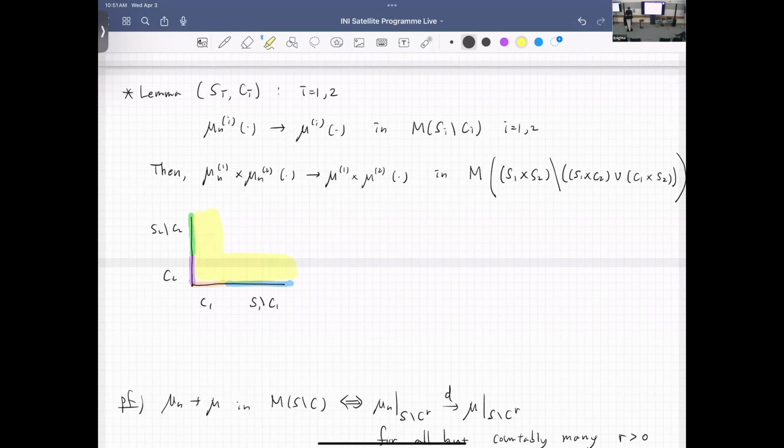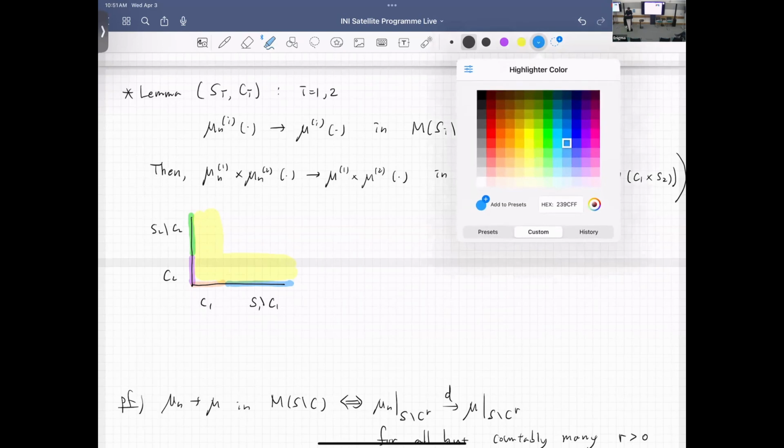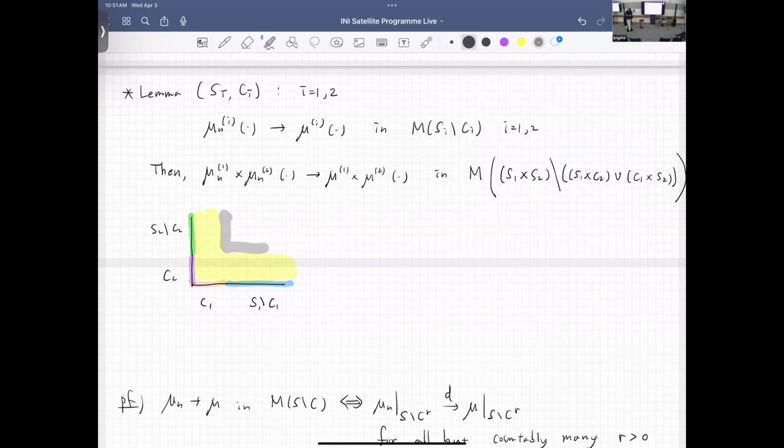This is what you take out, and so this is what you're left with.